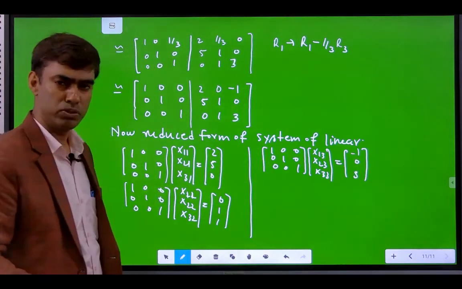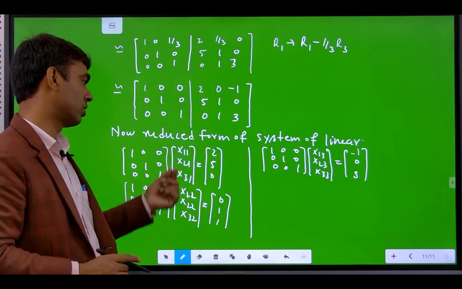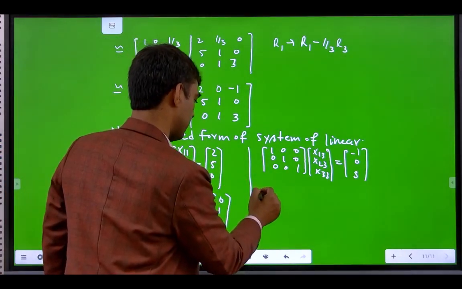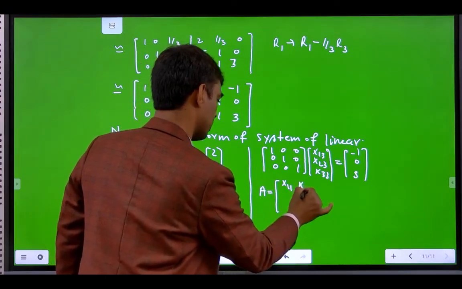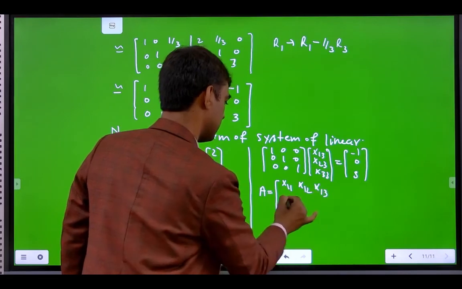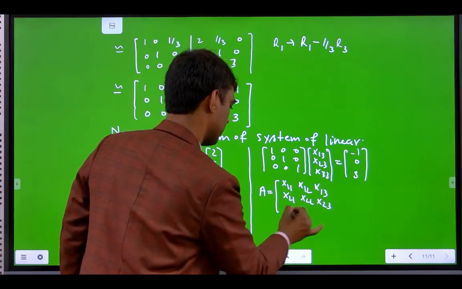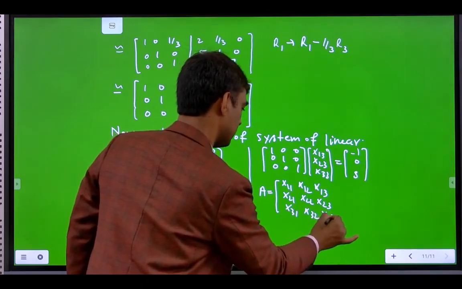So as we know, in a Gauss-Jordan method, directly we write the values of unknowns. So what is the value of x11? So A inverse equals x11 x12 x13, x21 x22 x23, x31 x32 x33.